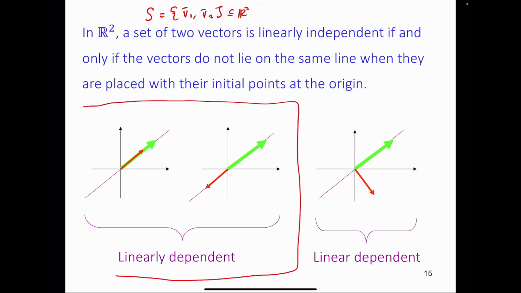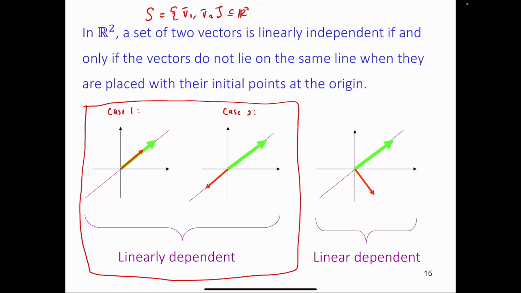look at the first picture. Whenever S is linearly dependent, we have two cases here. Case 1 and case 2. Whenever S is linearly dependent, then it is either case 1 or case 2.